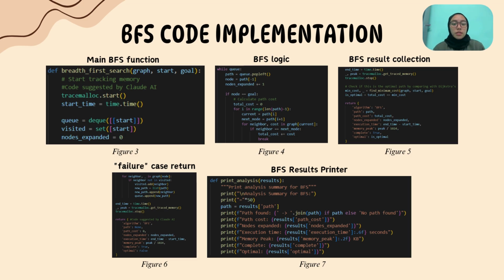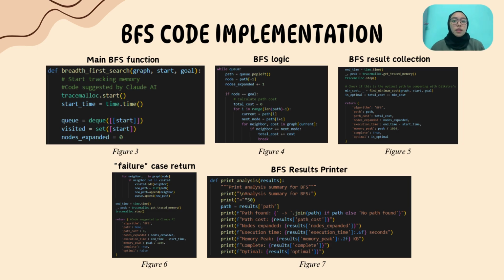Figure 6 is a failure case return, and it is only executed if no path is found. In our case, the return block is actually not executed because the algorithm found the path from A to H. But this implementation is important because it returns if no path exists.